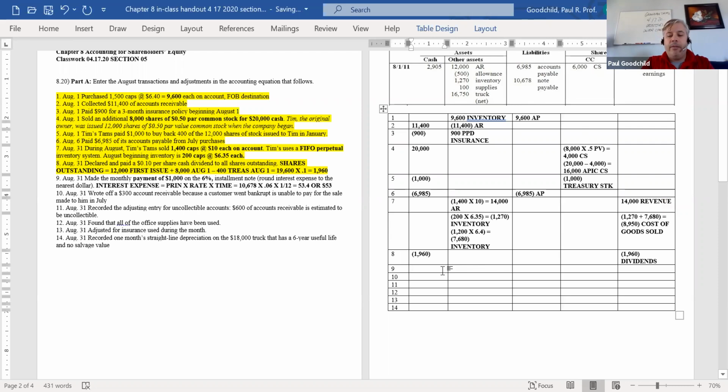So we're going to have a $1,000 reduction in cash. We're going to have a reduction in our liability. It's 1,000 minus what we're paying in interest, which is equal to 947, I believe. And that's in our note payable.